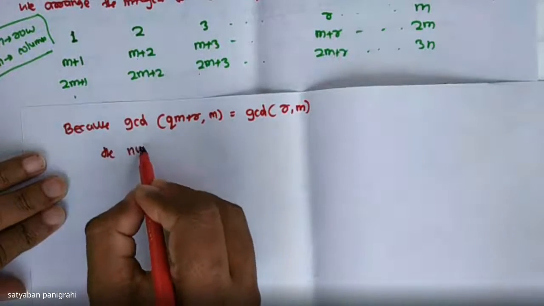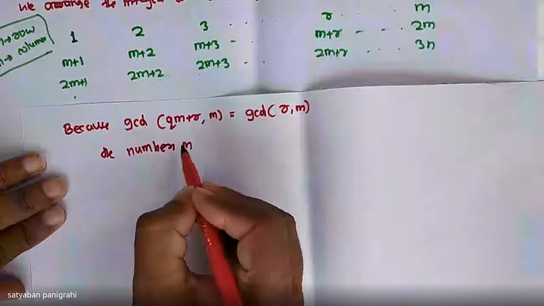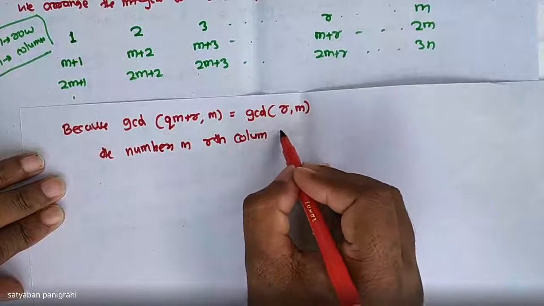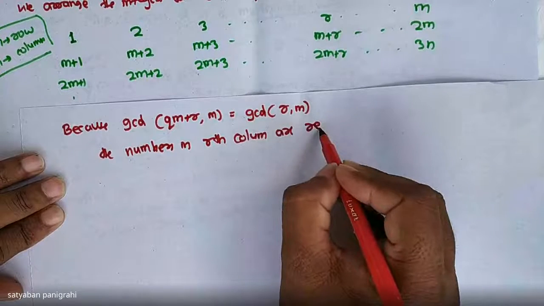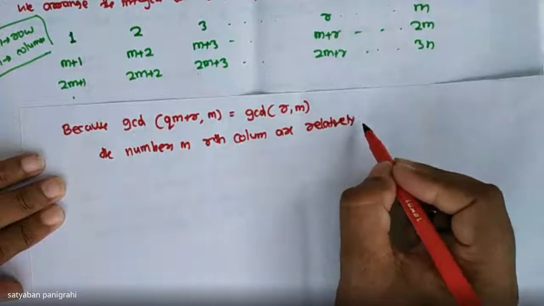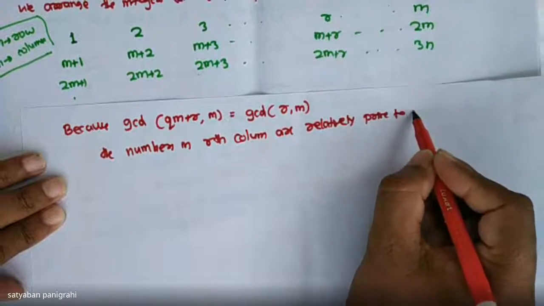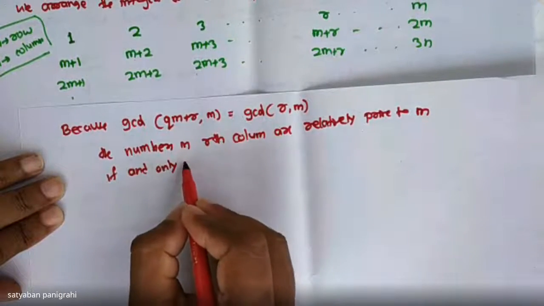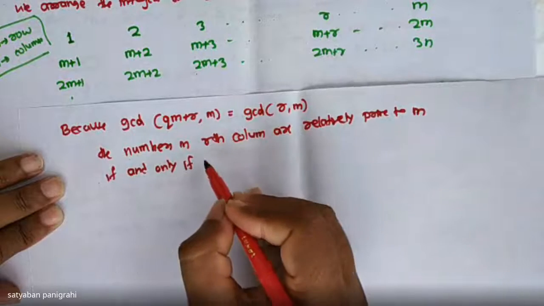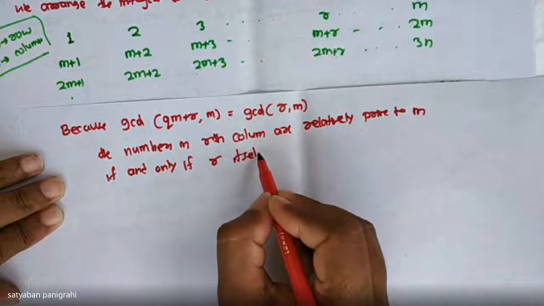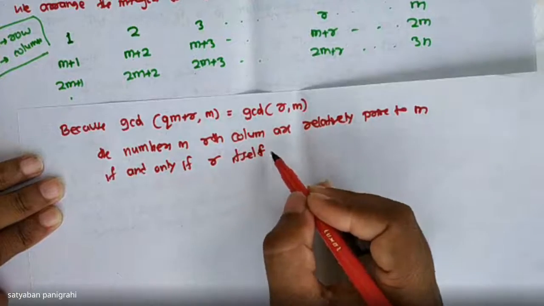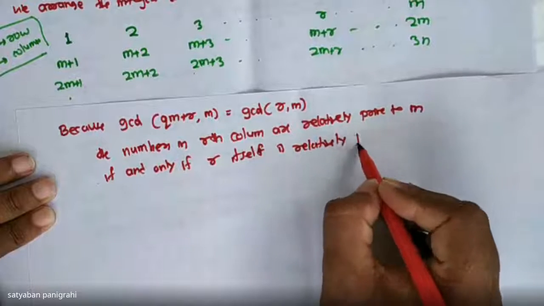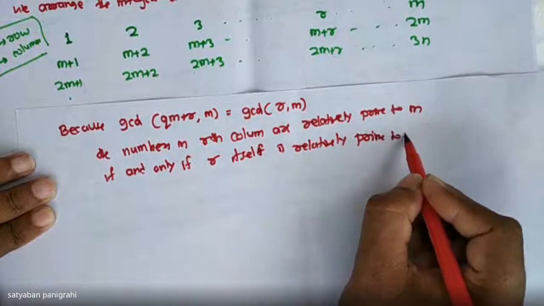These numbers in the rth column are relatively prime to m if and only if r itself is relatively prime to m.